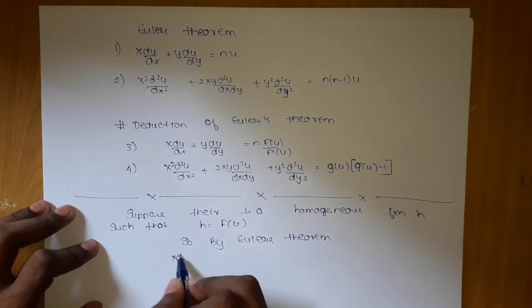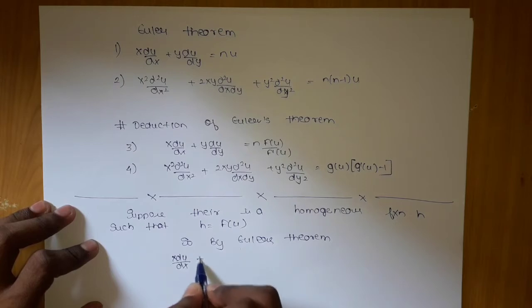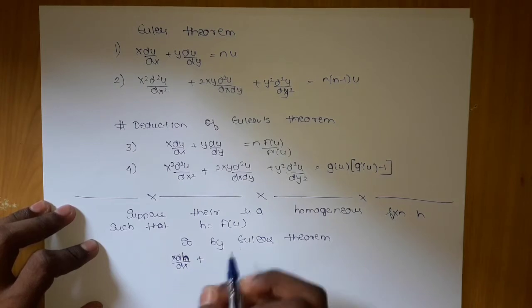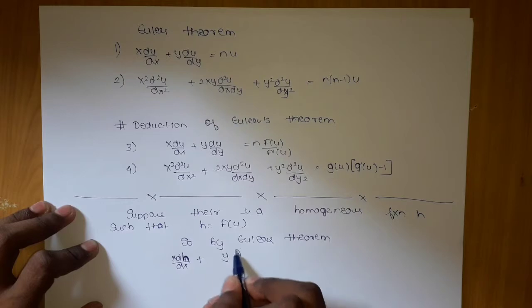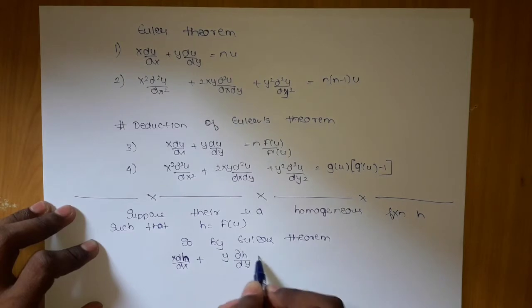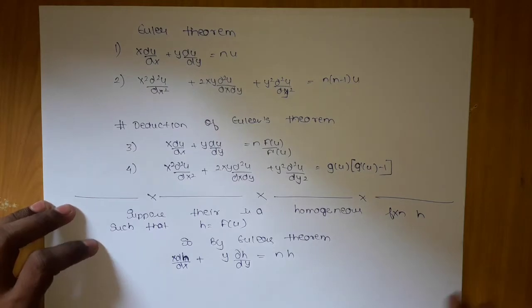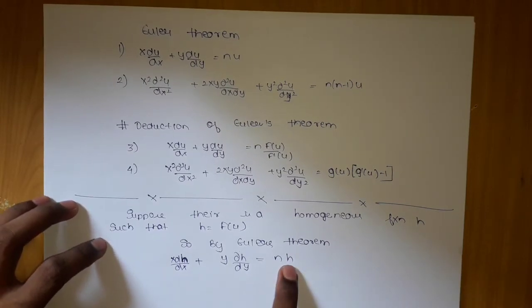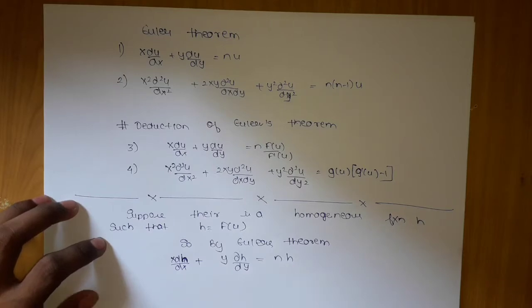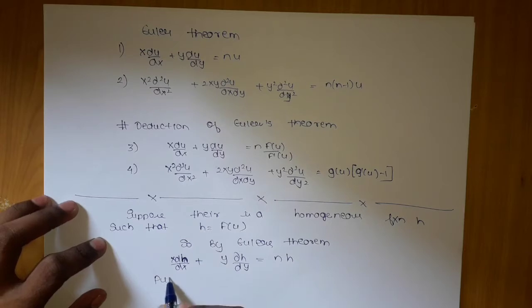I can say x ∂h/∂x + y ∂h/∂y equals n times h. But if you remember, we have said that h is f(u), so we can put h equal to f(u).